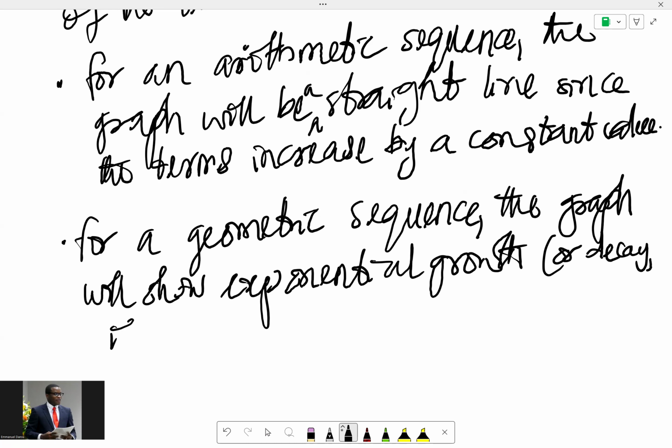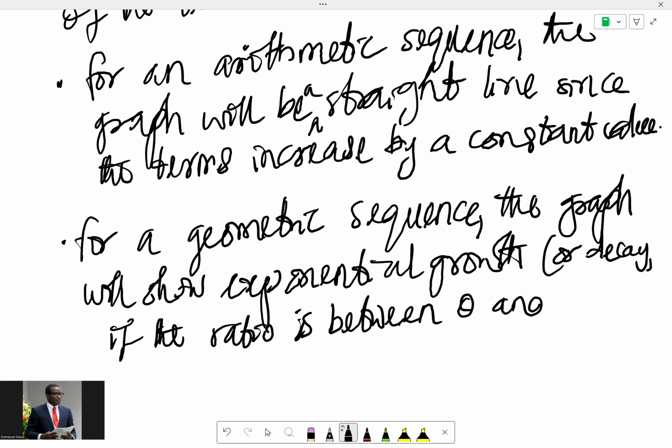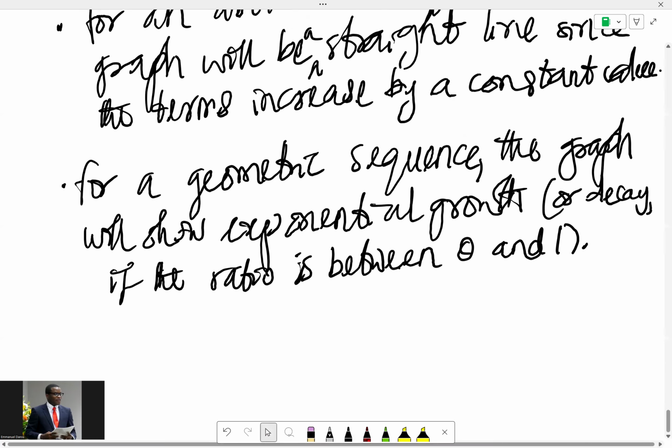So decay if the common ratio is a fraction, if the ratio is between 0 and 1. Okay. All right.